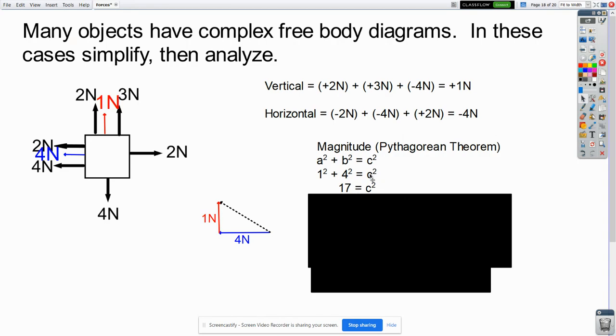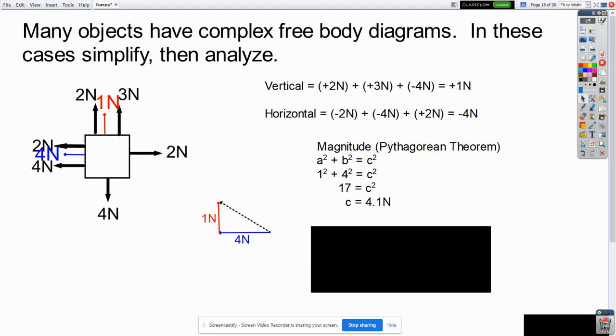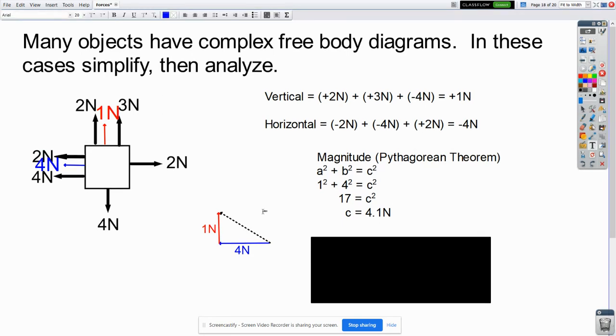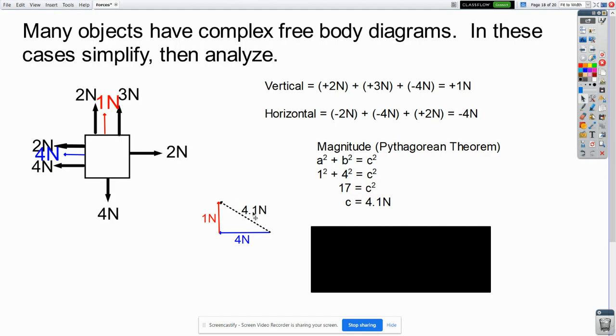That is c squared. To get down to the actual magnitude, I still have to square root it. So 4.1 newtons. 4.1 newtons is the actual magnitude of the net force. That's the strength of it. That's the number.